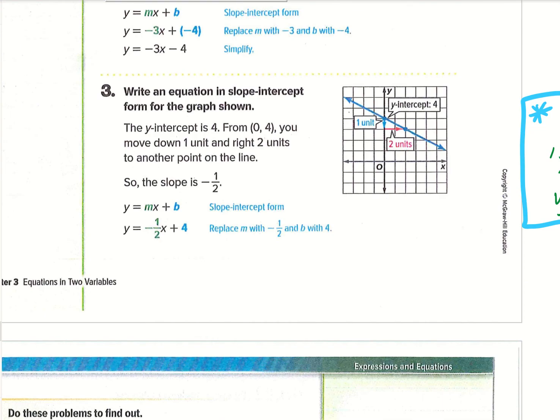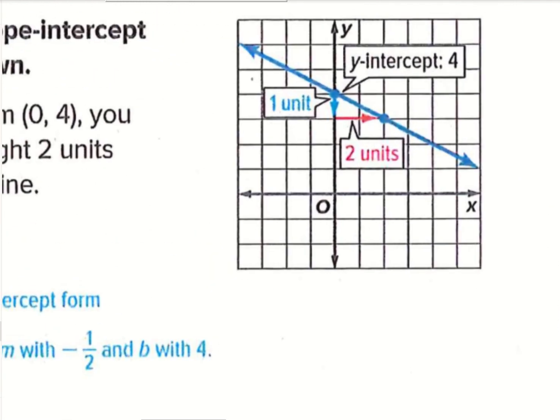This is a good thing to know how to do. It says write an equation in slope-intercept form for the graph shown. The y-intercept is 4. From 0, 4, you move down 1 unit and right 2 units to another point on the line. All of that can be seen right here. So our y-intercept is 4 because it intersects with the y-axis right here at the point 1, 2, 3, 4.